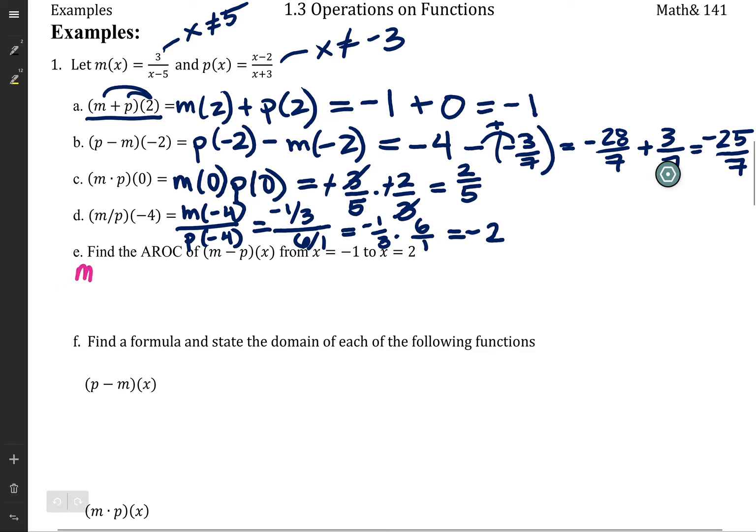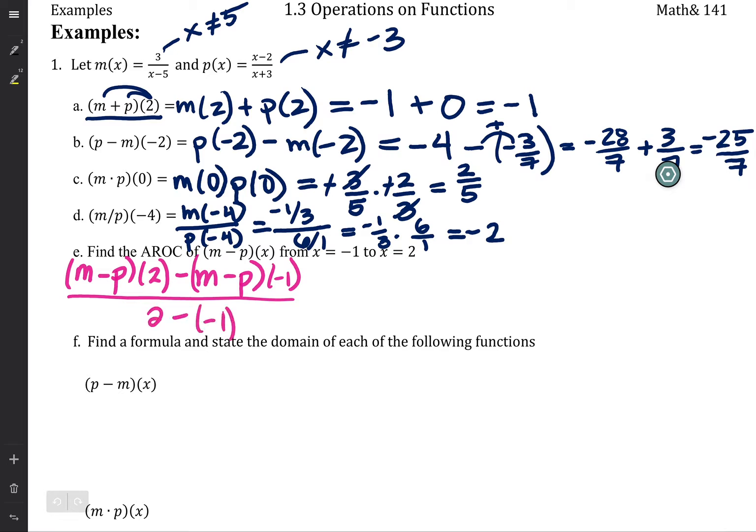We want to take our function, m minus p, and evaluate it at 2, and then evaluate at negative 1, and divide by 2 minus negative 1. So I'm going to do this as some side work.